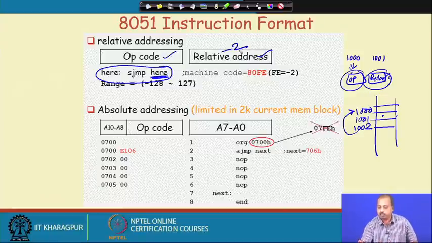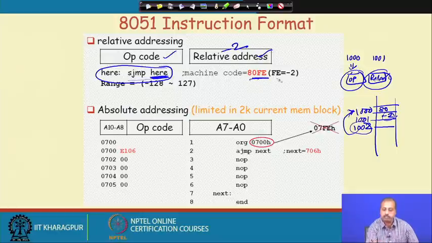While coding it, the first byte will be the code for SJMP, 80, and the second byte will be -2. When this instruction is executed with the current PC value of 1002, the -2 will be added and it will go to location 1000. So the coding of this instruction is 80FE, where the FE value equals -2.